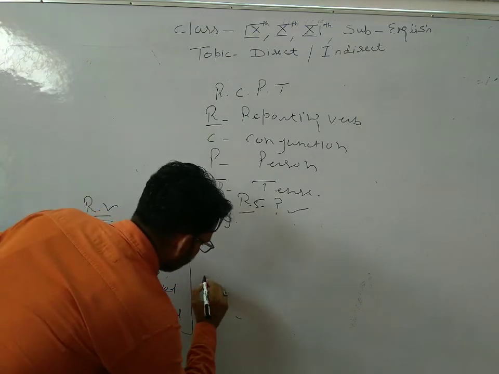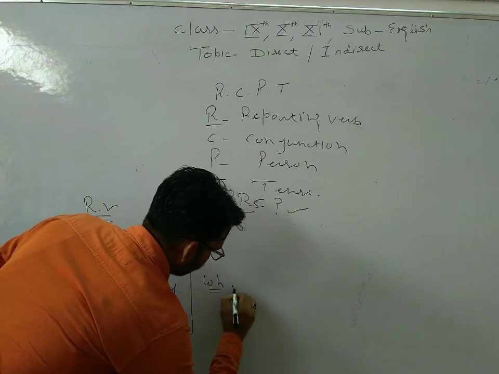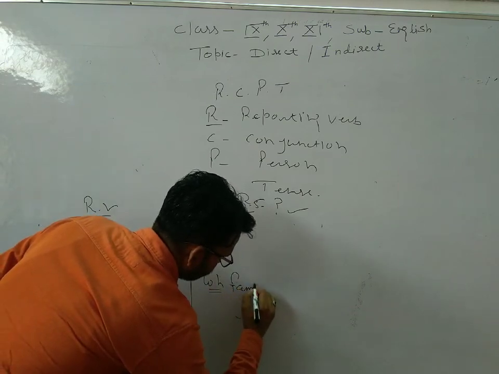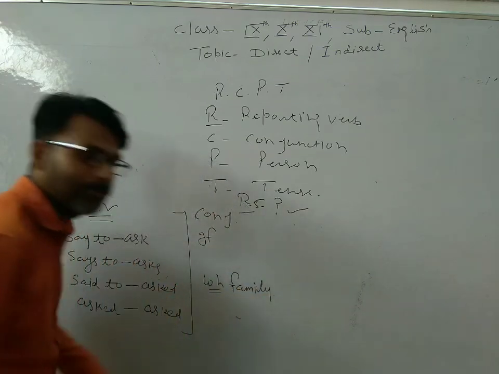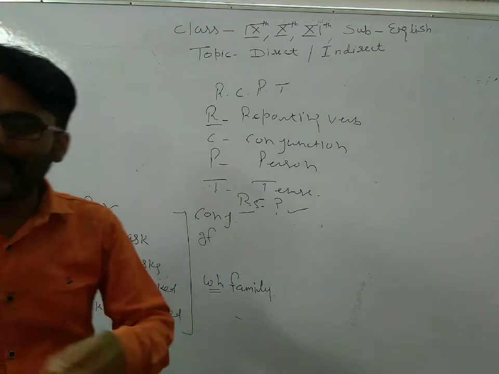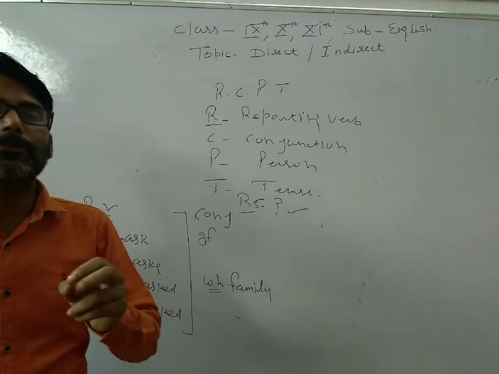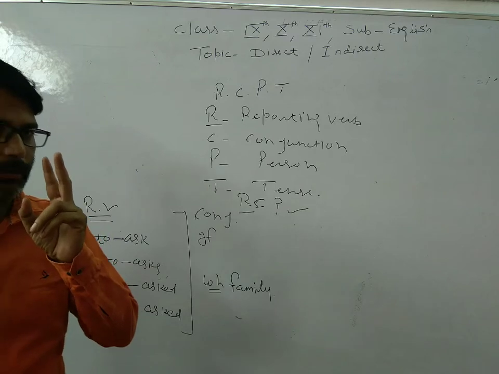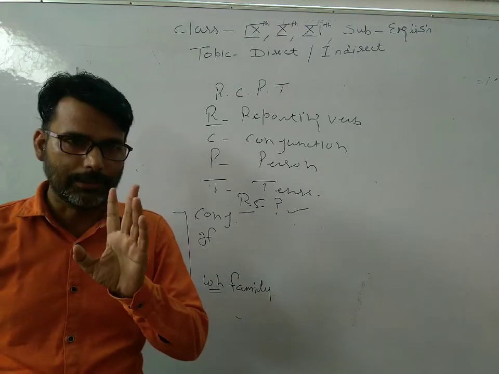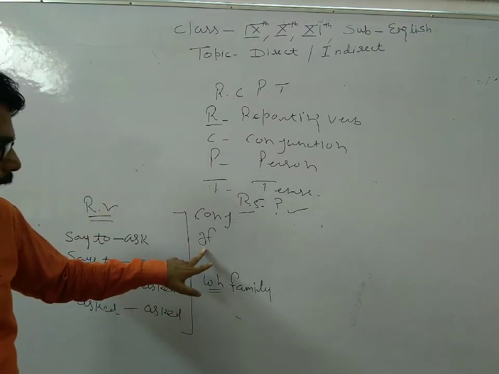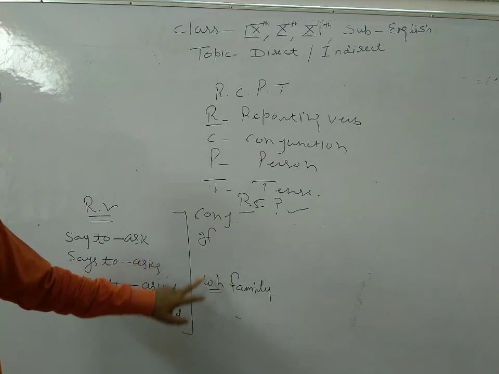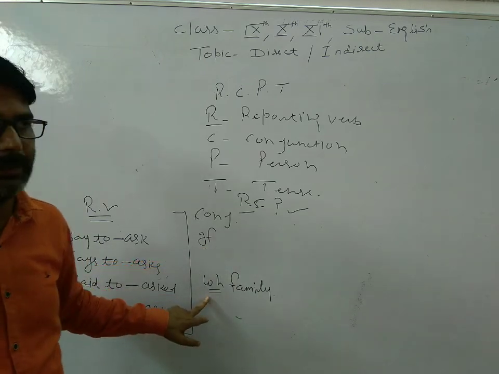Then there is a WH family also, means to say that when you have to make a narration, you can use two conjunctions. You have to use one only. Either you can use if or you can use WH family.